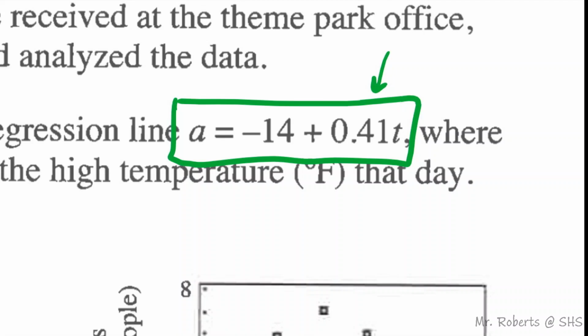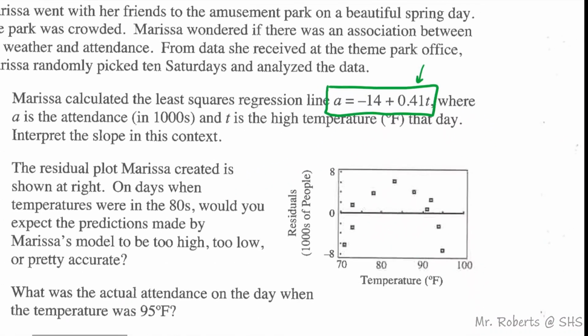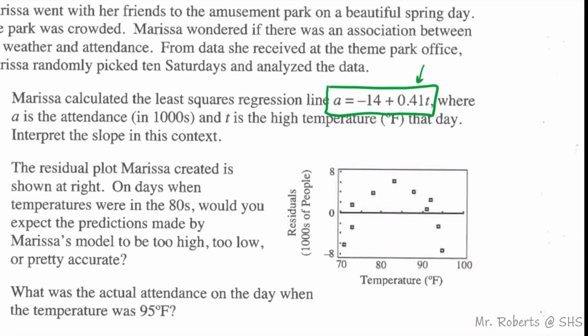So every time the temperature increased by a degree, 0.41 thousand, or about 410 people more would come to the park, right? So it says focus, Robert.